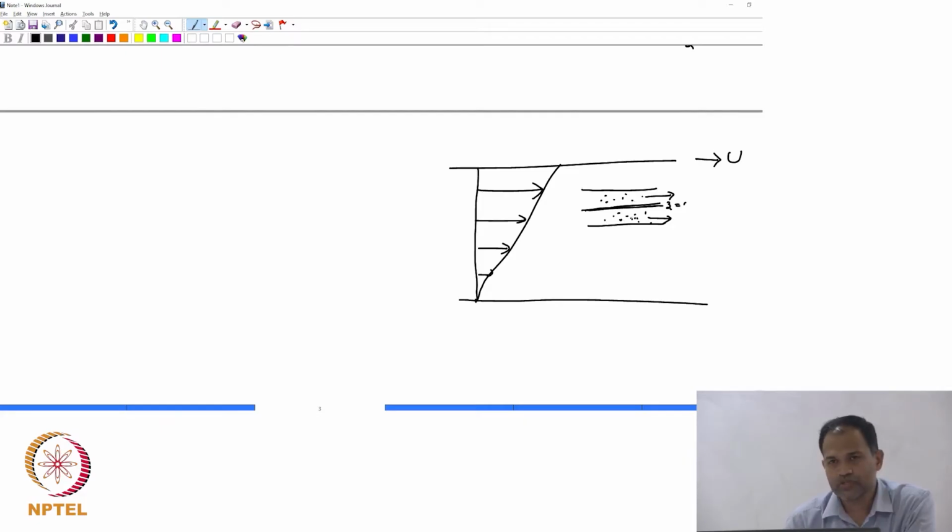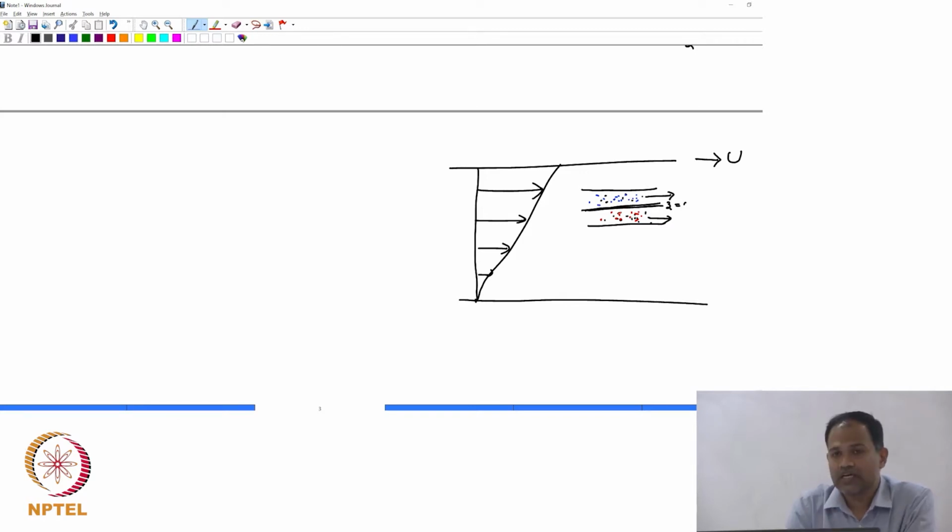But these molecules not only fluctuate when they are moving in this x direction, they are also fluctuating in the z direction. So, that means that some of the molecules that you are seeing here, let me give 2 different colors, the red ones and the blue ones, they are identical, it is just for convenience that I have given different colors.